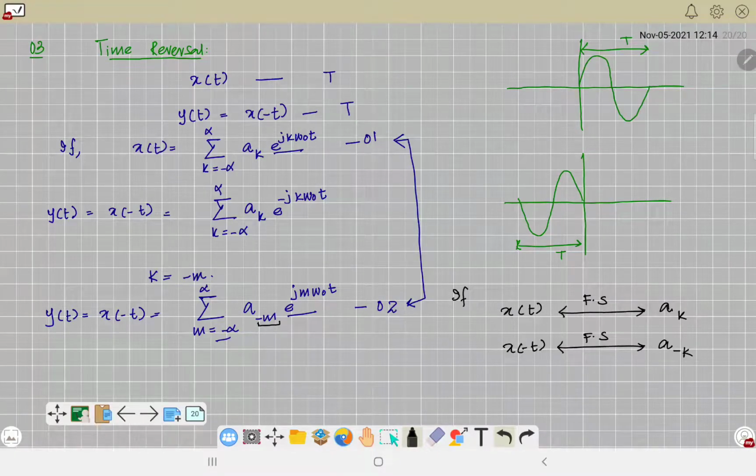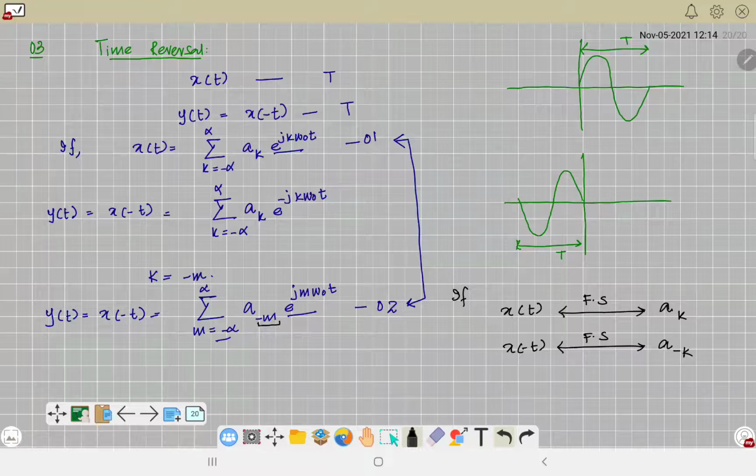Again, it is minus m, but m and k are just variables, so we can use this kind of alteration. Okay? So it means that the time reversal applied to a continuous time signal actually results in a time reversal of the corresponding sequence of Fourier series coefficients.